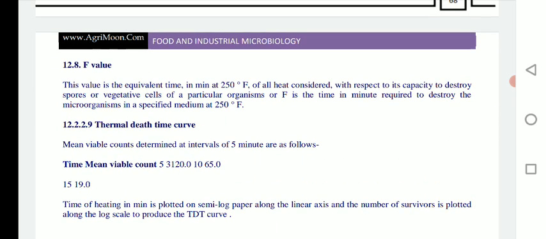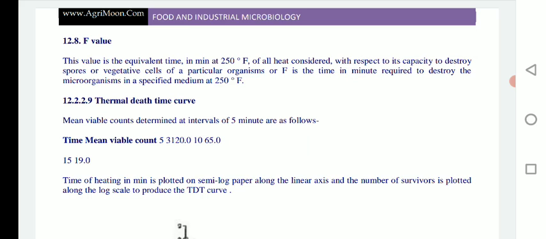In case of F value, this value is equivalent to time in minutes at 250 degrees Fahrenheit, considering all heat, with respect to its capacity to destroy spores or vegetative cells of a particular organism. F is the time in minutes required to destroy microorganisms in a specified medium at 250 degrees Fahrenheit. So these are different values.